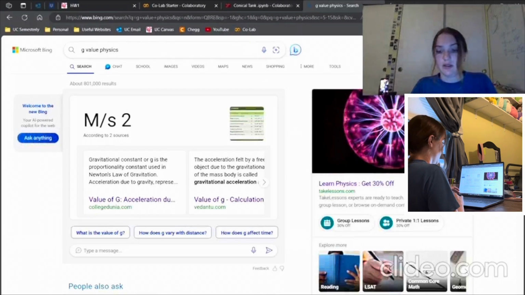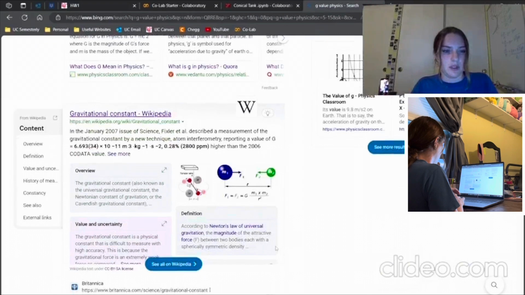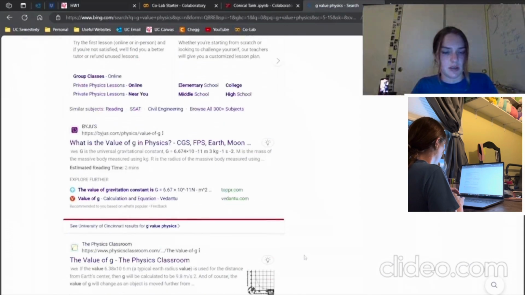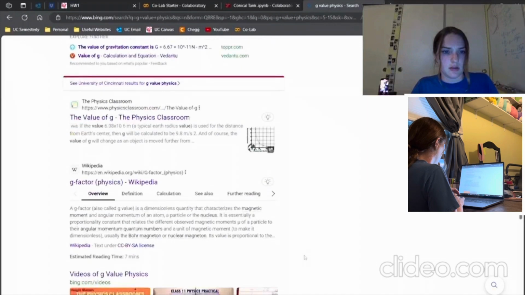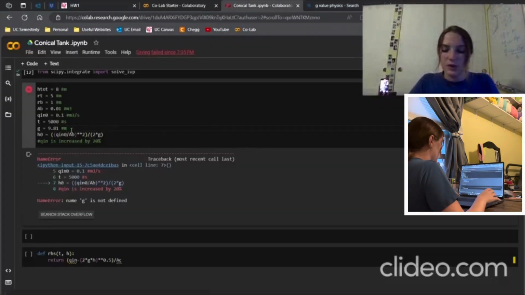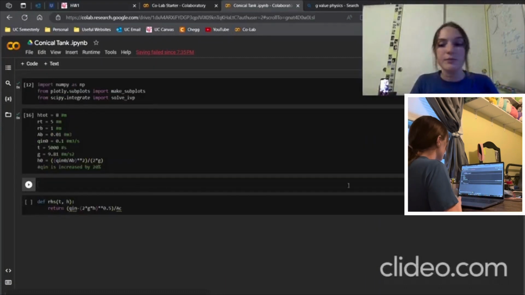I want to make sure that I have it correct: 9.8 meters per second squared. So let's flip these around. Now we have initialized our G.